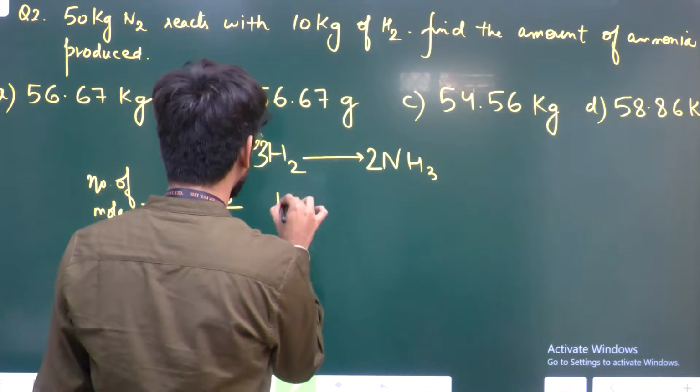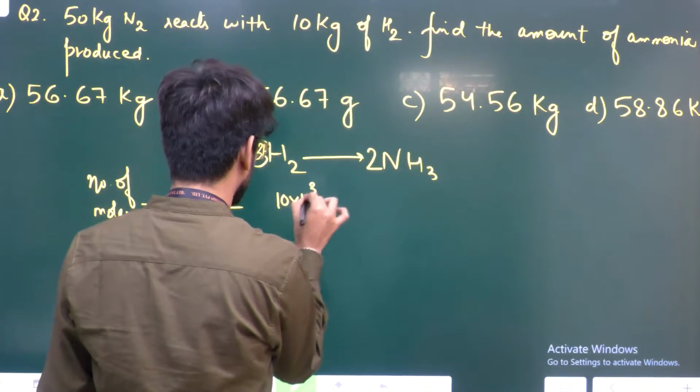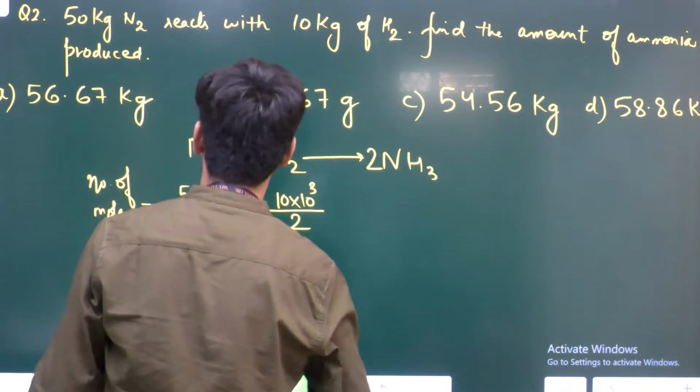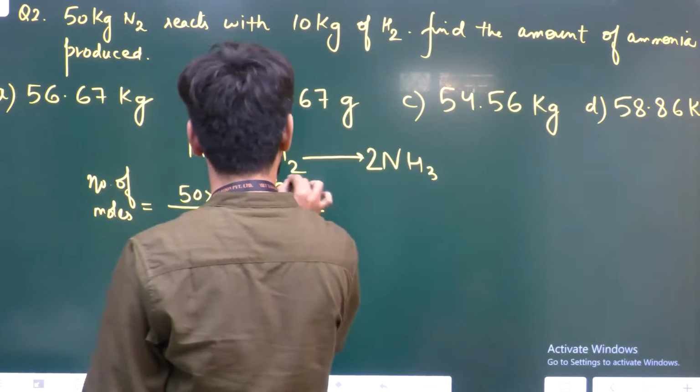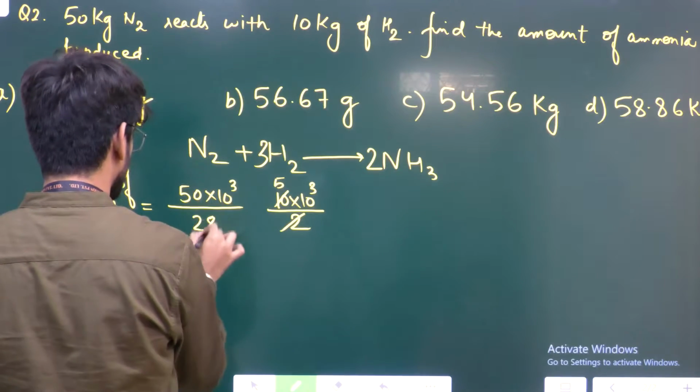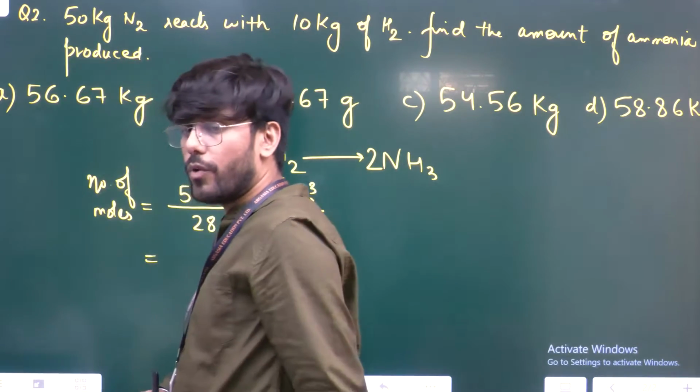For hydrogen, we have 10 kg divided by the molar mass, which is 2. Any problem? So solve it: 50 upon 28. Tell me what it is.